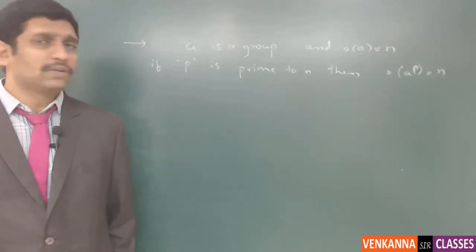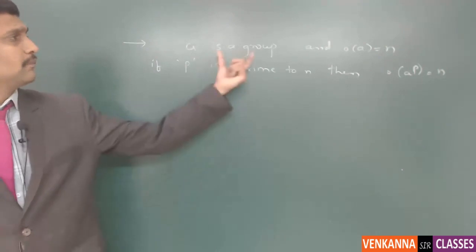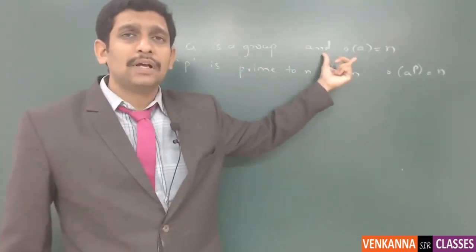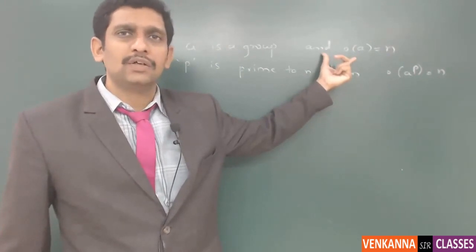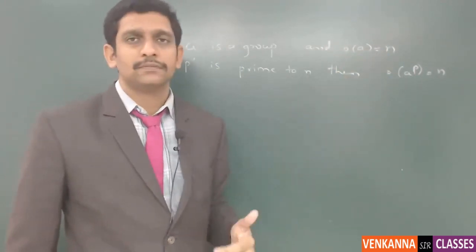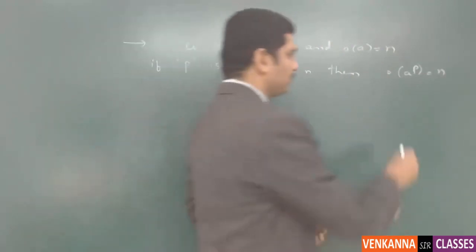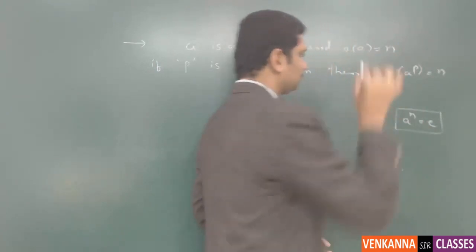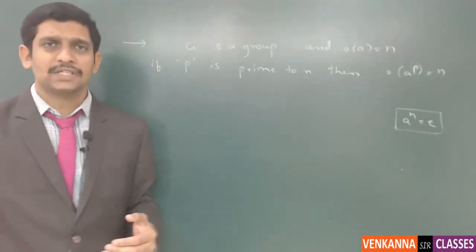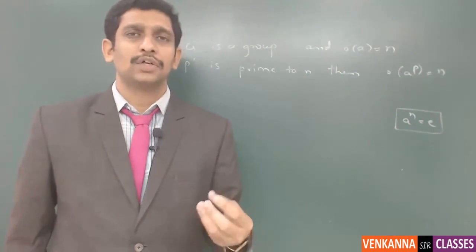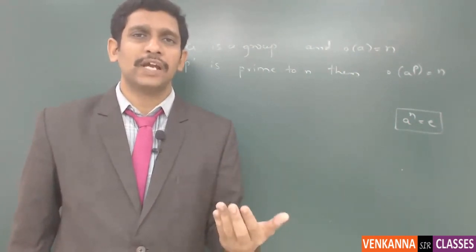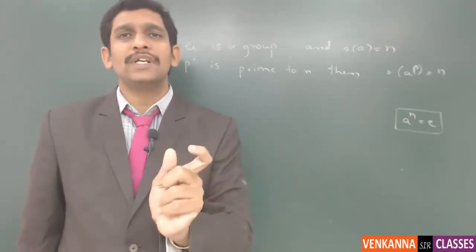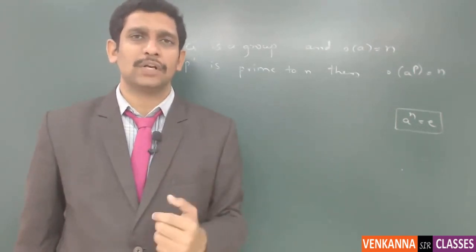So, if you observe the given hypothesis, I have considered a group and I took an element A in G whose order is N. So, immediately I can say that A power N is equal to identity. Now, what happens by closure law? If you raise the powers of A square, A cube, A power 4, etc., all these elements belong to G. That is common.